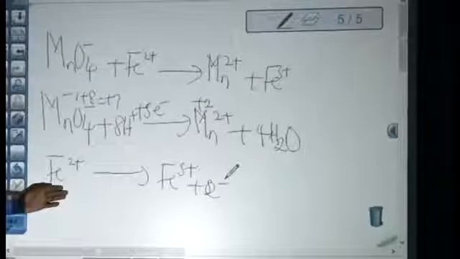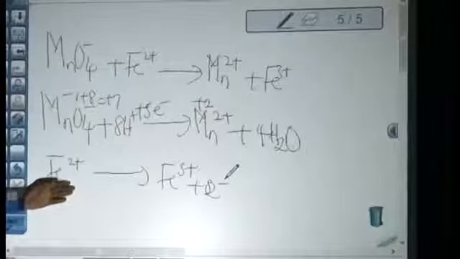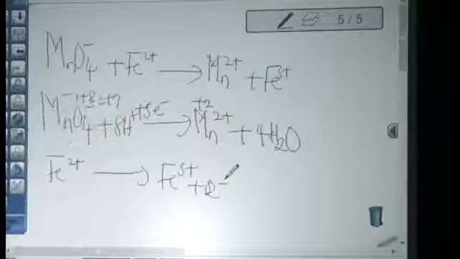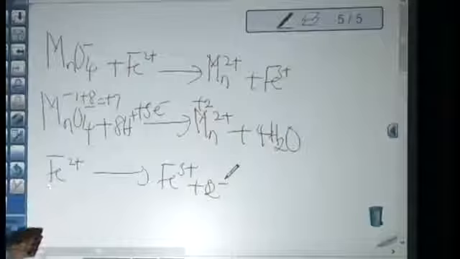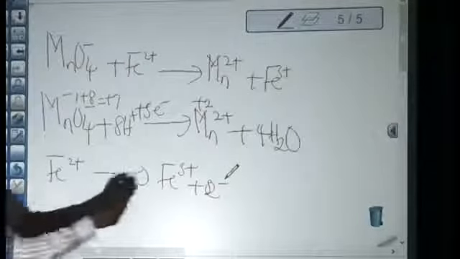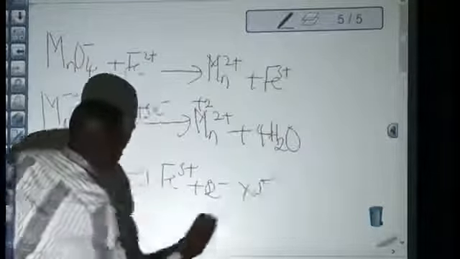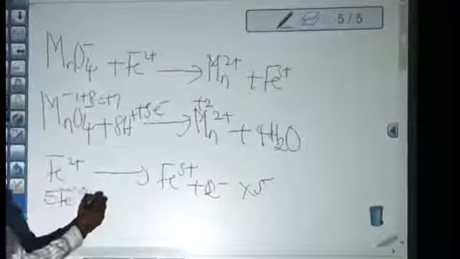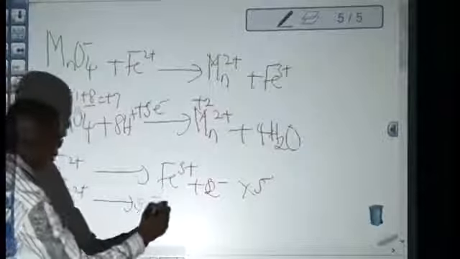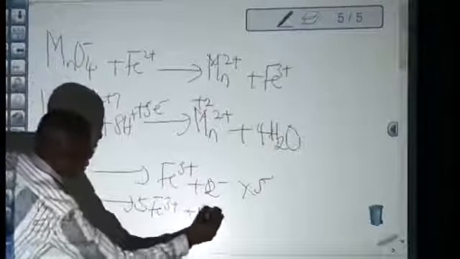What do we do? We still remember our simultaneous equation. We want to eliminate electron. That means we have to multiply the oxidation half equation here by 5. So we have times 5. So this becomes 5Fe2 plus to give us 5Fe3 plus plus 5e minus.